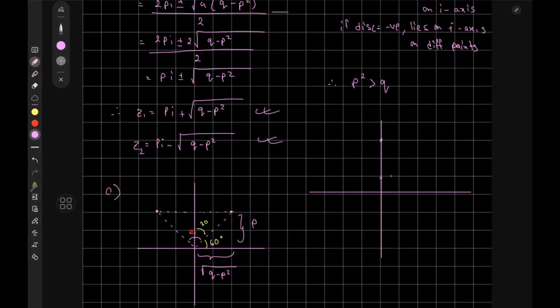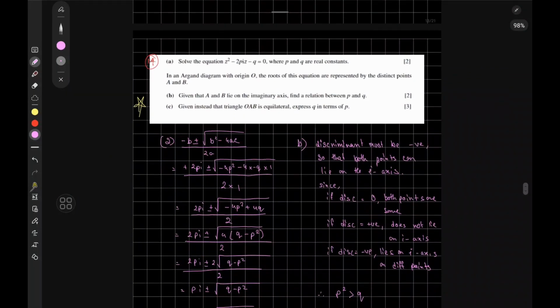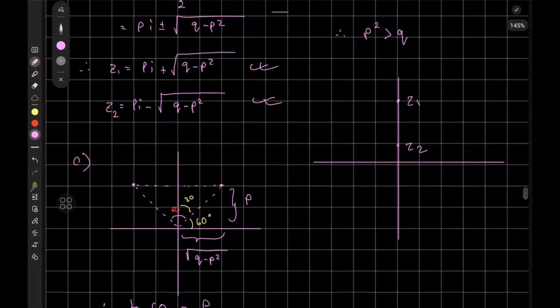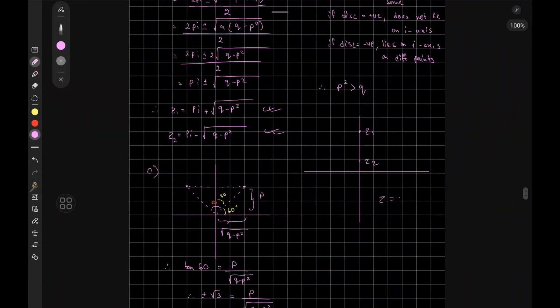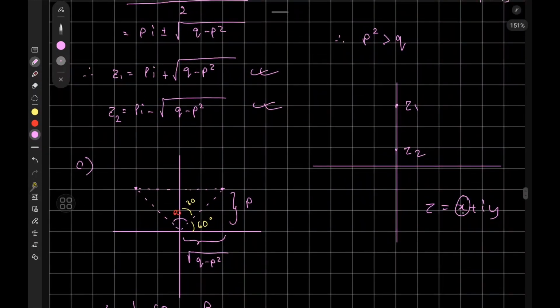So let's say this is z1 and this is z2, right? So in this case, they're telling you both must be on the imaginary axis, meaning if z is equal to x plus iy, there should not be any real part of the expression.